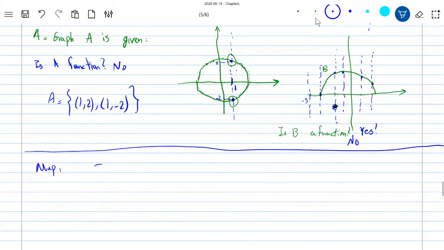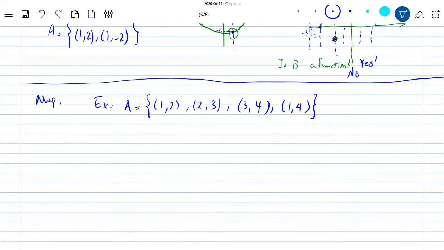Let's say, for example, given set A, given as 1, 2, 2, 3, 3, 4, and 1, 4. The same example that we did earlier.